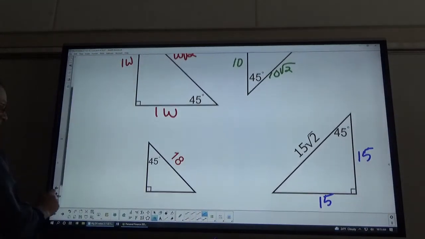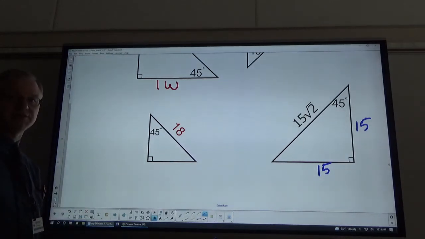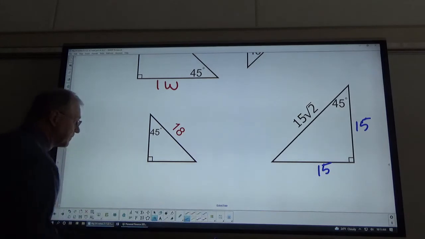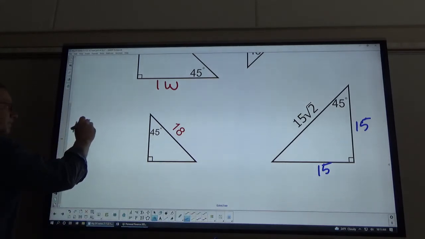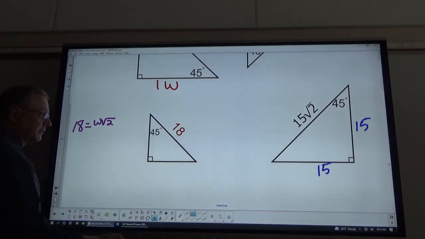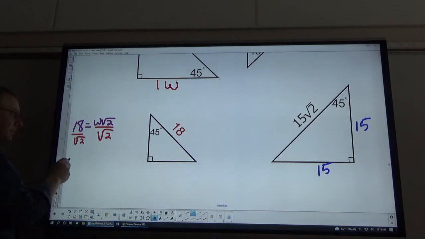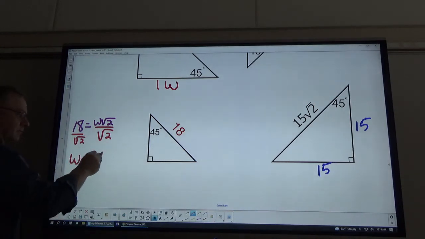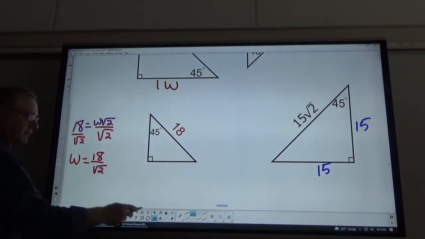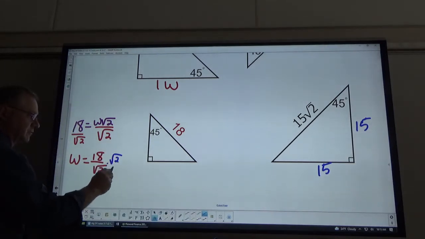Here, however, 18 is my w square root of 2 side. So I'm going to divide by square root of 2. Rationalize by multiplying top and bottom by square root of 2.